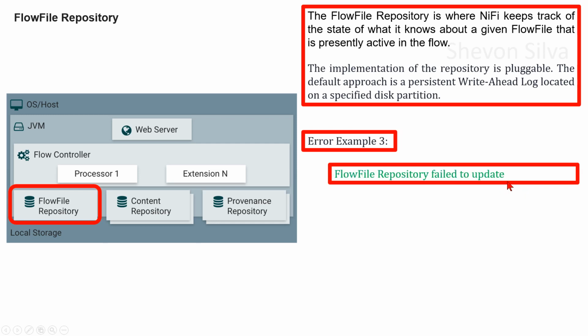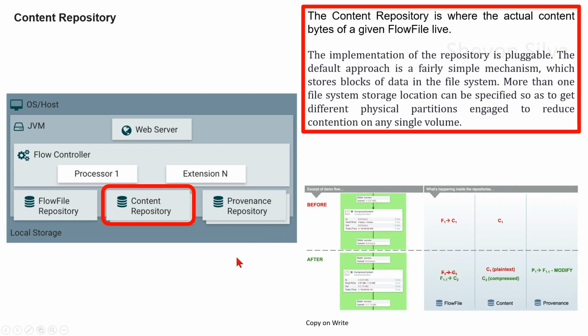As an error example, we can consider this FlowFile repository. Now we are focusing on the content repository. The content repository is where the actual content bytes of a given flow file live.